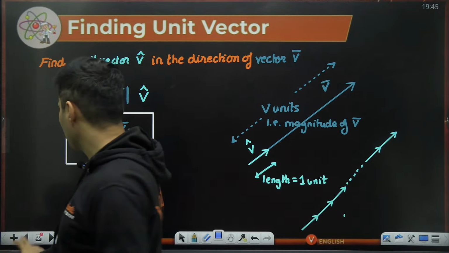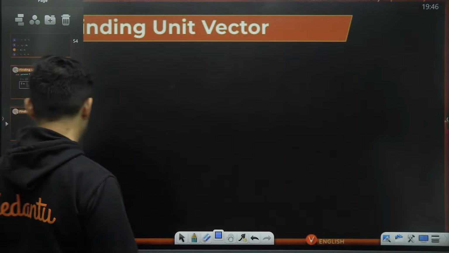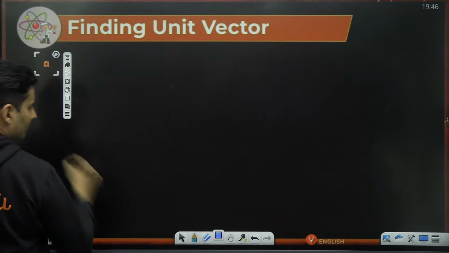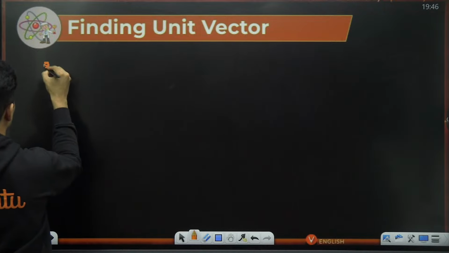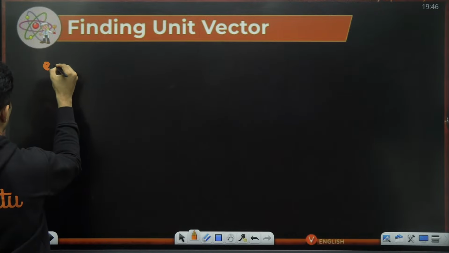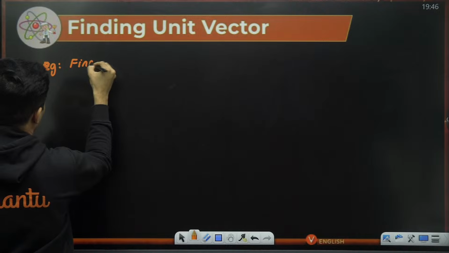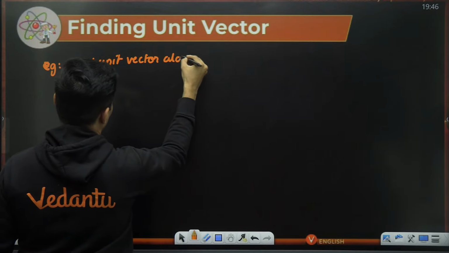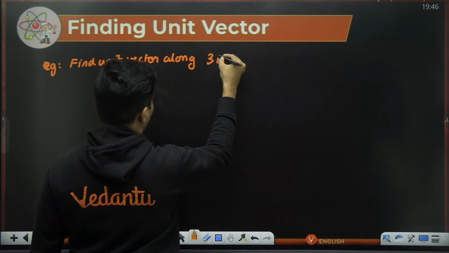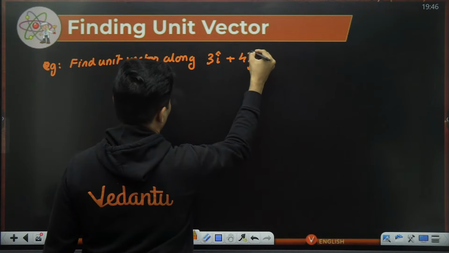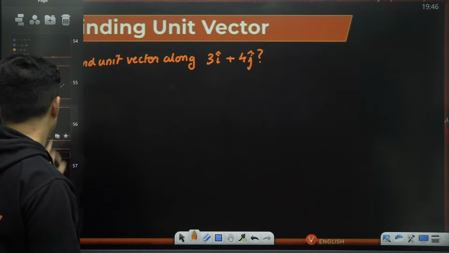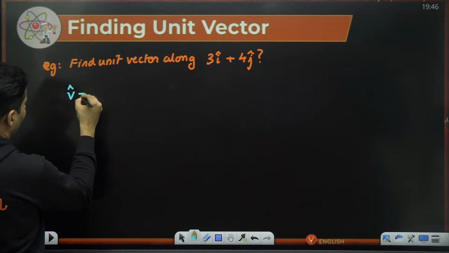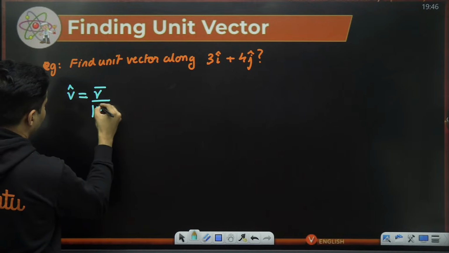Let's take up a simple question so that you guys understand the meaning of it. Example: find the unit vector along 3i cap plus 4j cap. This is the question. Okay. So if the question is this, let's try to solve it. The unit vector along any vector is the vector itself divided by the magnitude.